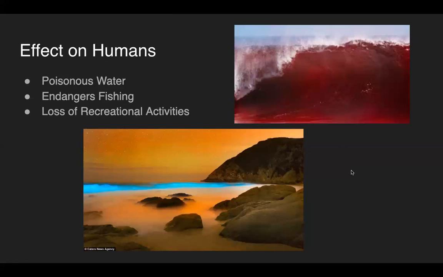Whenever this happens on a body of water, fishing becomes endangered. It's simply a lot more difficult to set the fishing nets in the water, and the plants floating on the water limit the mobility of boats and other fishing vessels. So, along with killing the fish, it also makes fishing much, much more difficult.